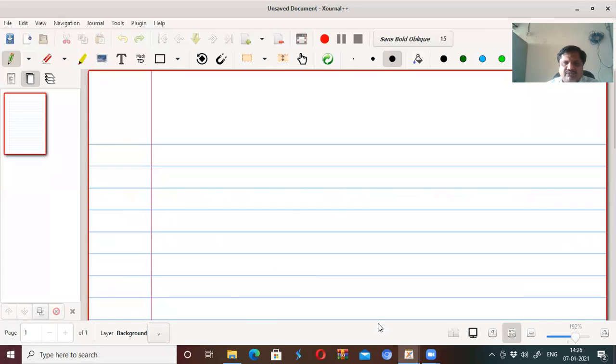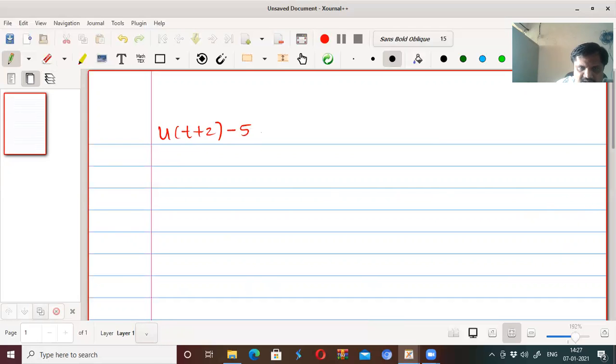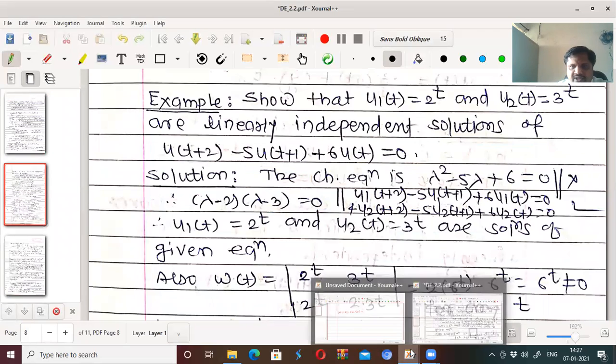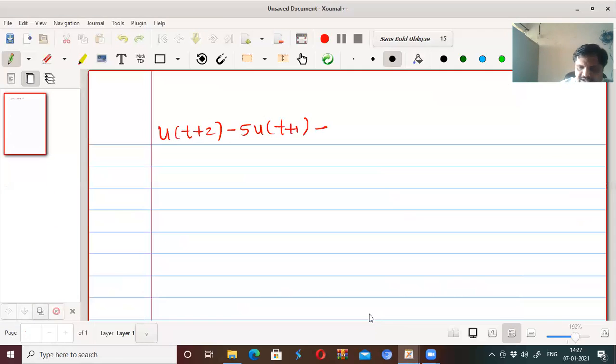What is that example? The equation is u of t plus 2 minus 5 times u of t plus 1 plus 6 u of t equal to 0.